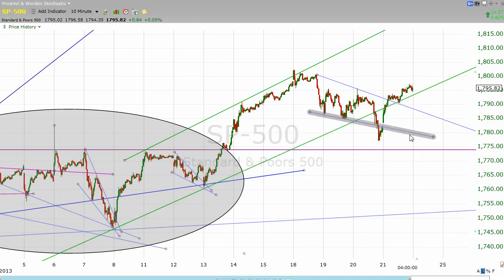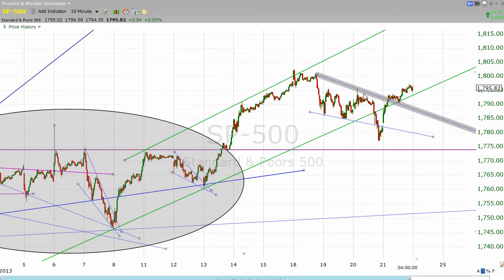We also had redrawn this wedge-like pattern, even though we ended up underneath it. And this bottom line was where it has been. I did not redraw this line, but I did redraw the top line here. Not only do we get back into this channel, we also got over this line.